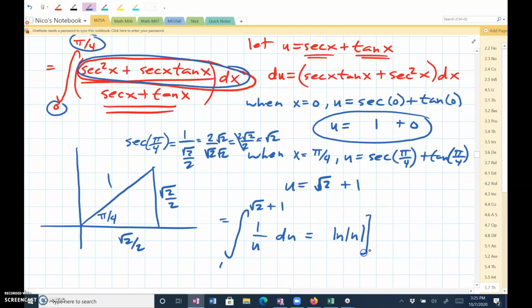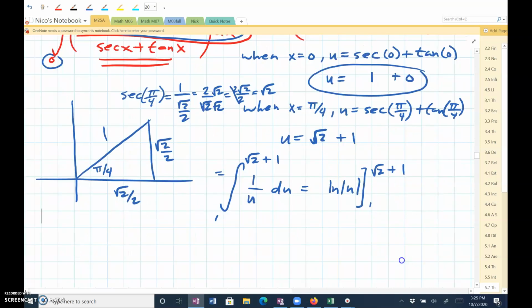We're going to evaluate this from 1 to the square root of 2 plus 1. So this is going to be equal to the natural log of the square root of 2 plus 1 minus the natural log of the absolute value of 1. We know that is 0, so my answer is going to be the natural log of the absolute value, the square root of 2 plus 1.